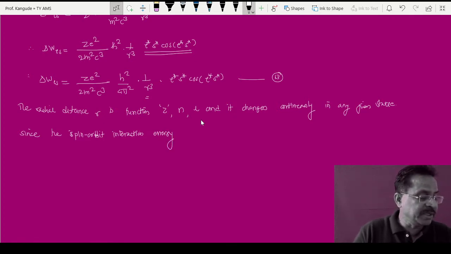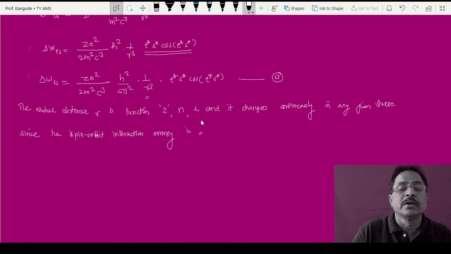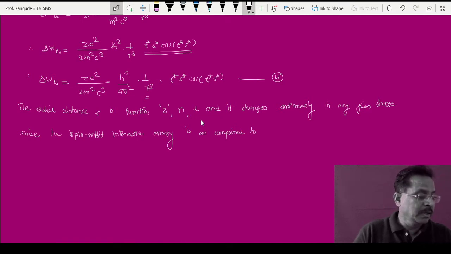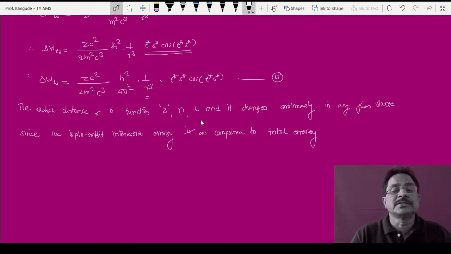The energy is very small as compared to the total energy.